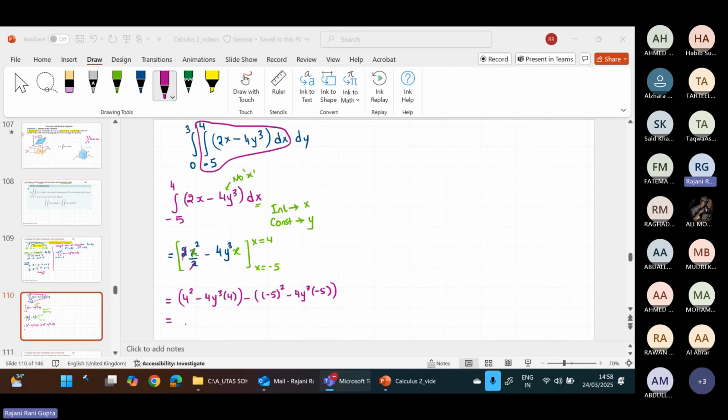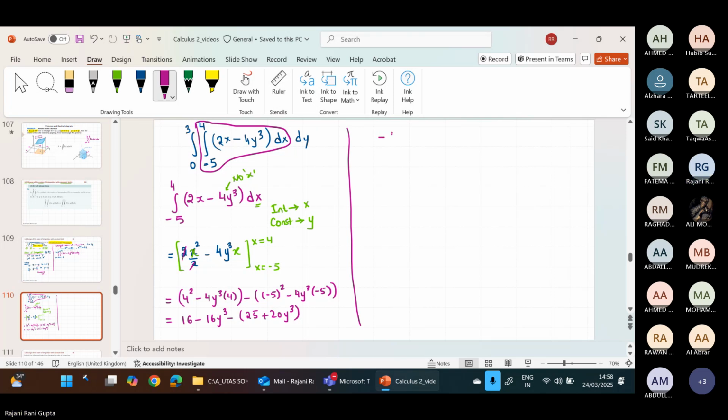So when you solve it, it gives you 16 minus 16y cube minus of this, 25 plus 5 times 4, 20y cube. When you simplify this further, what will you get? 16 minus 25, how much is it? Minus 9.